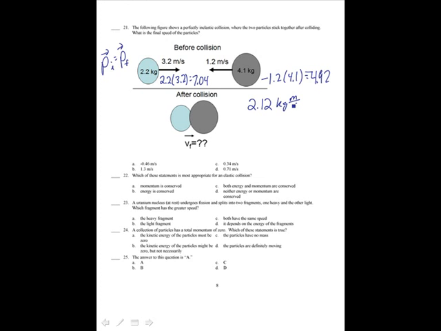So this is my initial momentum. It's also my final momentum. So I can say that 2.12 kilogram meters per second is equal to m1 plus m2, because the masses are stuck together, times Vf. So Vf is 2.12 divided by (2.2 plus 4.1).